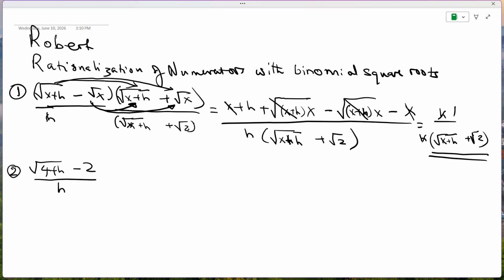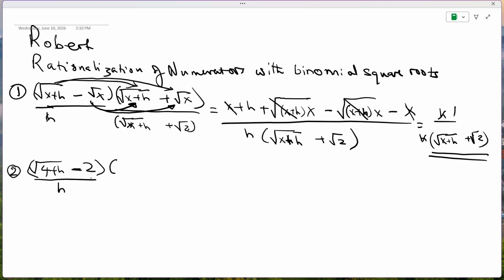And we are told to rationalize the numerator, the upper part of our expression, which has binomial square roots. So that means we need to multiply the top expression by a conjugate. That is an expression similar to itself, only with the reverse sign. Instead of a negative, we should have a positive.